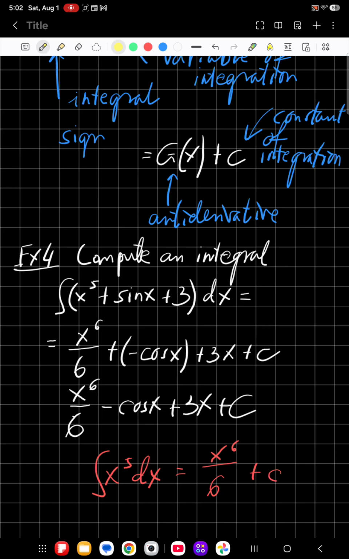So you see what is happening. This was 5, and now it's 6. So what happened, I added 1. Let me erase this part here so that you can see it better. So 5 plus 1 is 6.